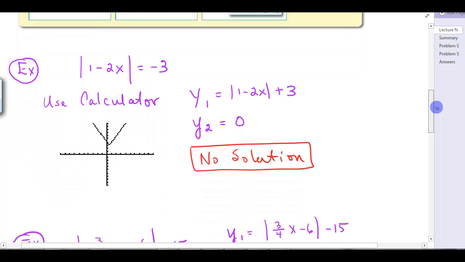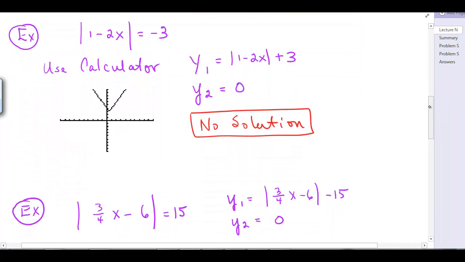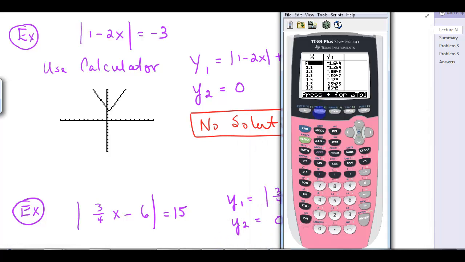Okay. All right, so here's an example, and we're going to use our calculator and clear that out. To find the absolute value, you could do it two ways. You can go to math, over to number, and it's the very first one. Now, in newer operating systems, you actually get the absolute value lines.